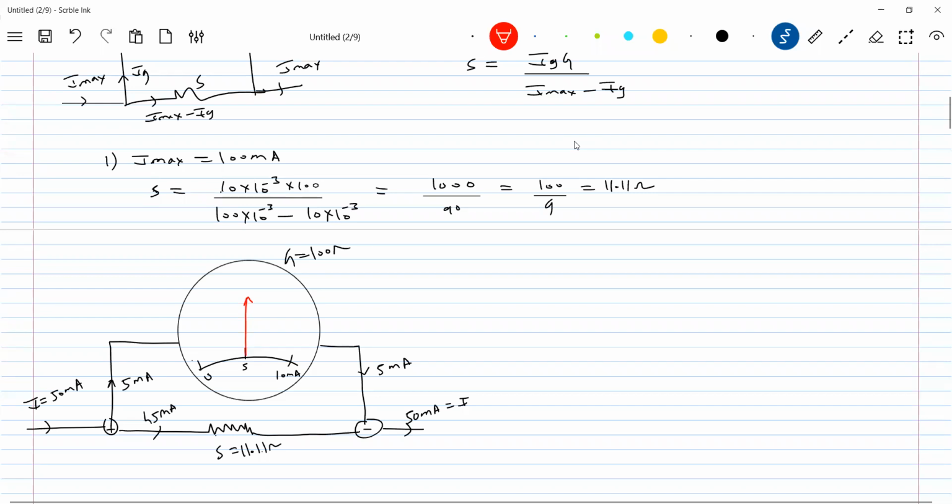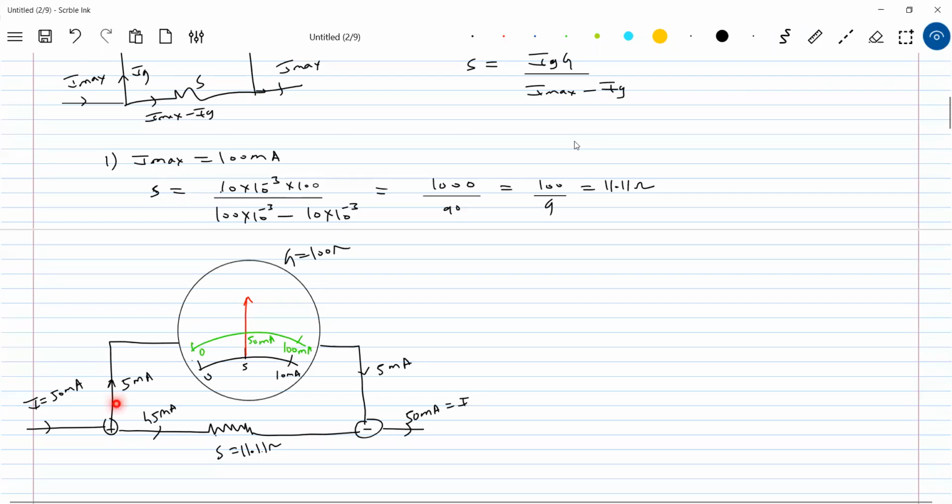Now I want to measure this current. What is the current? 50 milliampere. So I'll go for one more scale. Here I'm going to put one more scale, or I'll cover this galvanometer scale. This should be 100 milliampere, 50 milliampere, 0 milliampere. If I send 50 milliampere, how much current flows through the galvanometer?